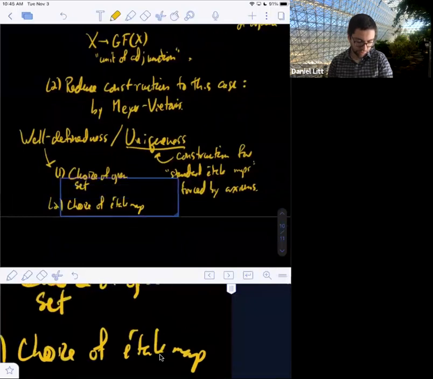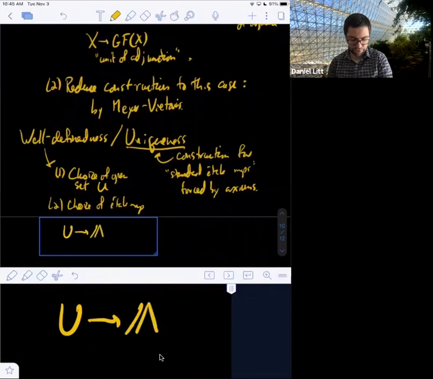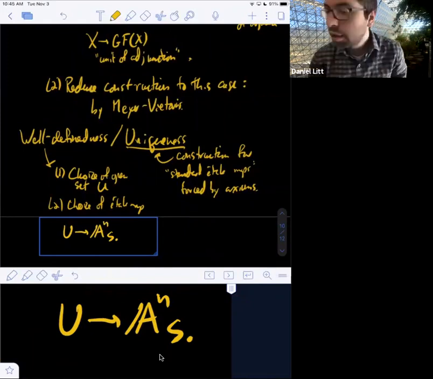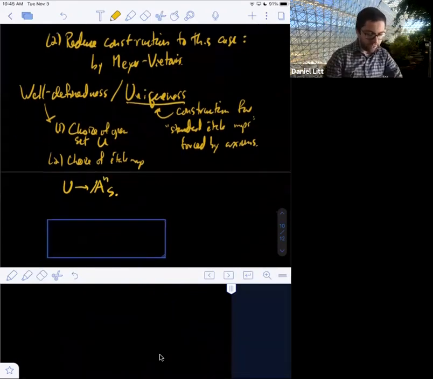So here, let's take our open set U. And the other one was a choice of Etale map from U to affine space over the base. So a priori, if you take an open which admits a factorization into a standard Etale morphism, it could admit many, right? So the choice of open set is not so bad.